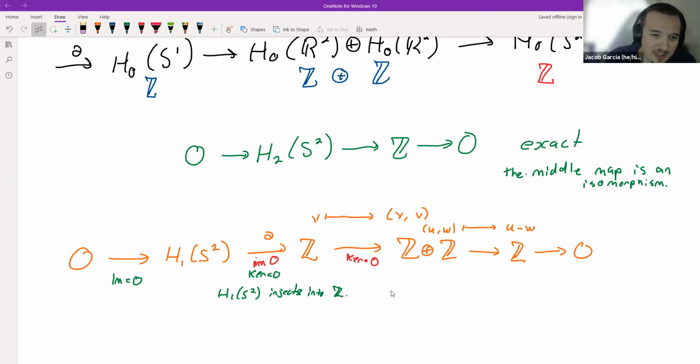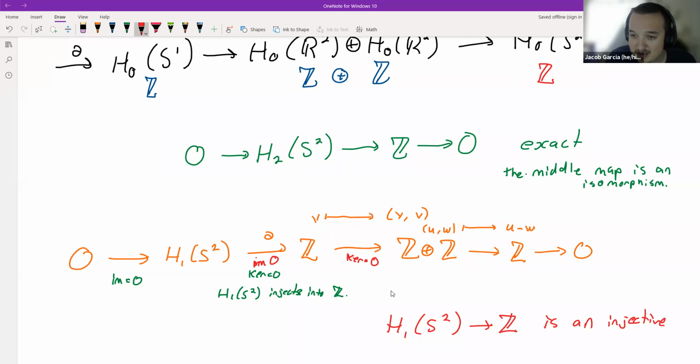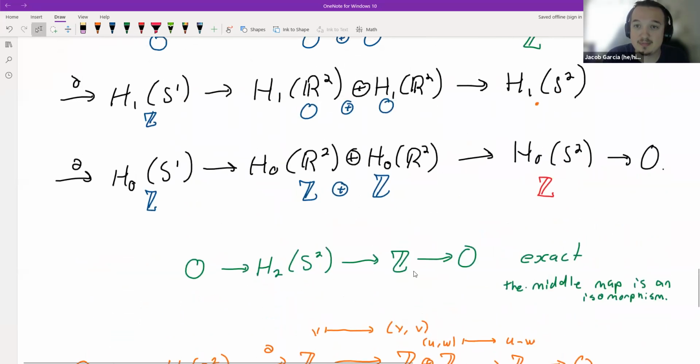So the only way that I can inject something that has an image of 0 is if this is equal to 0. So H1 of S2, just to summarize, into Z is an injective map with trivial image. The only way to inject into a trivial image is if your domain was the trivial group. So that means that this group is actually 0.